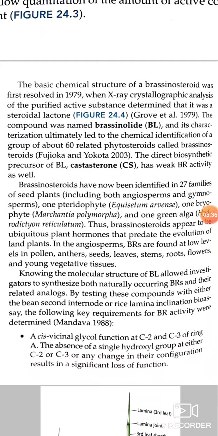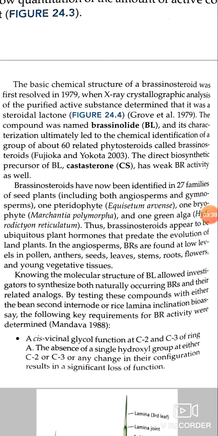The basic chemical structure of a brassinosteroid was first resolved in 1979, when X-ray crystallographic analysis of the purified active substances determined that it was a steroidal lactone.